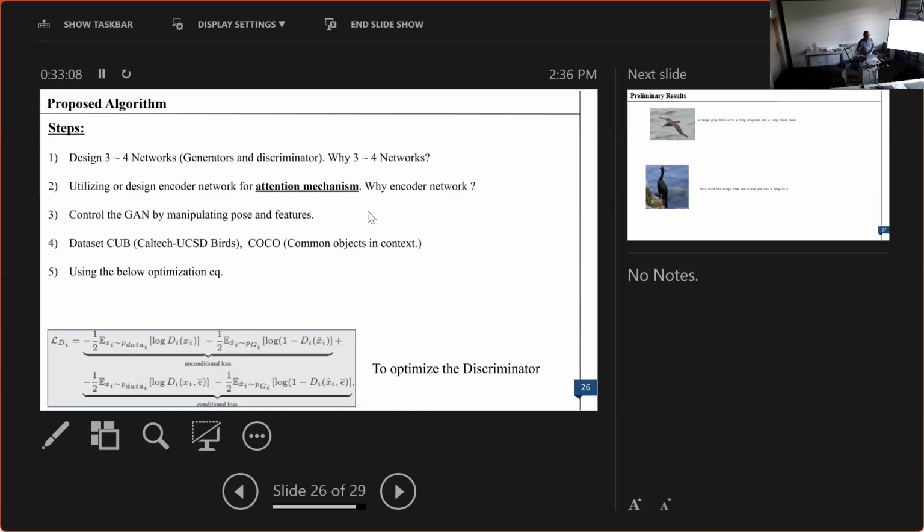For example, playing or fighting, boy or man or guy. So here I am utilizing an attention mechanism to distinguish between different words.